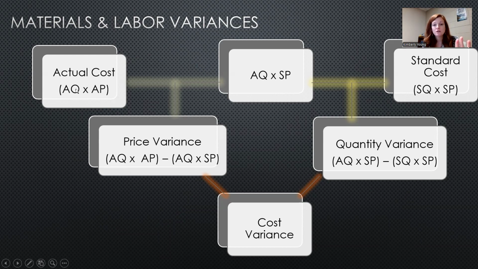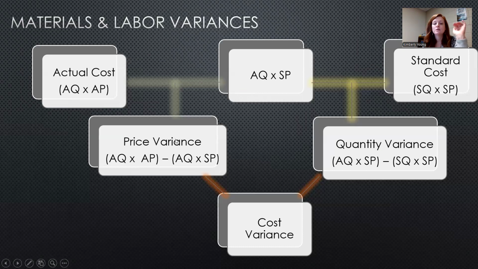So here you just fill in one thing at a time. We take actual cost. So that actual quantity times actual price is what we actually spent on the direct materials. Then we compare that to the actual quantity times the standard price. So we take this amount here, the AQ times AP, minus AQ times SP, and the difference tells us the price difference.